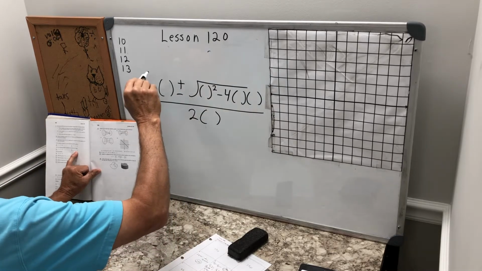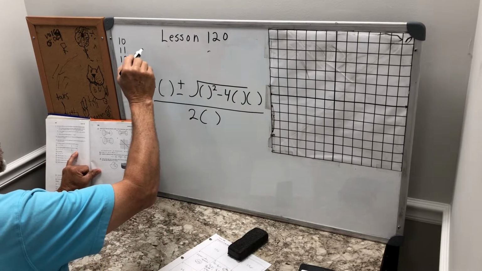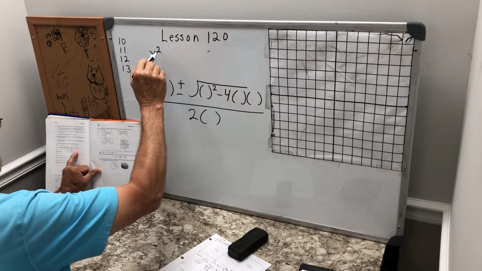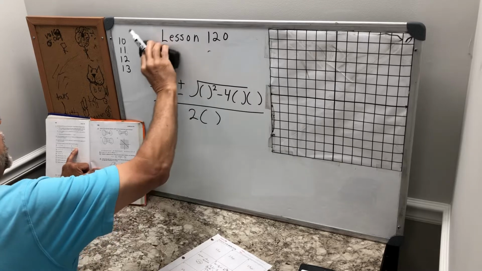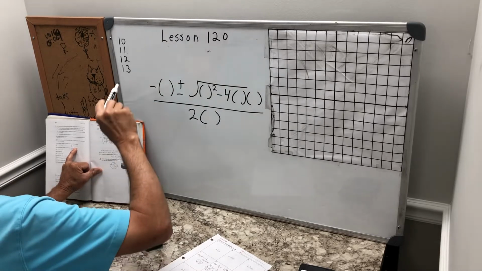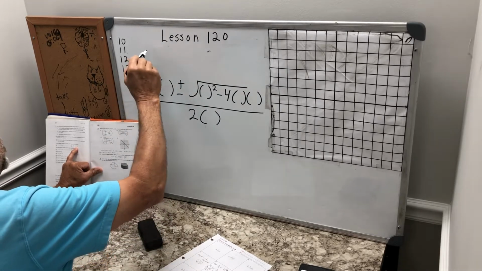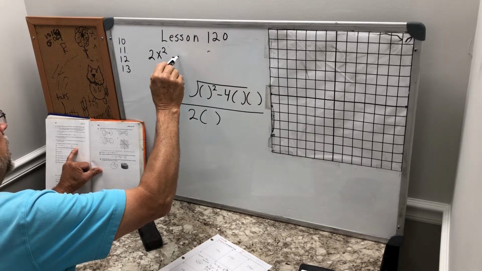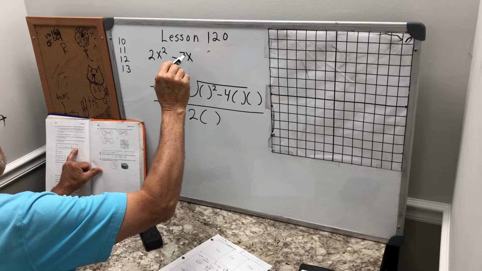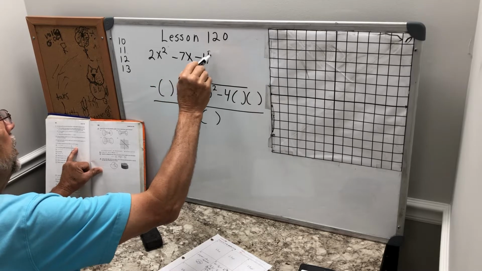And now I write out my formula. If I do it in descending order, on number 11, I have 2x squared minus 7x minus 4 equals 0.